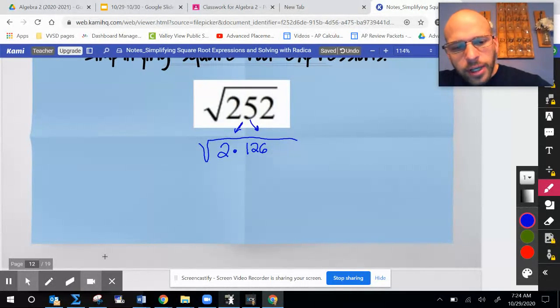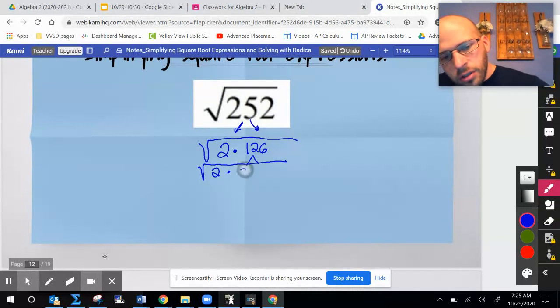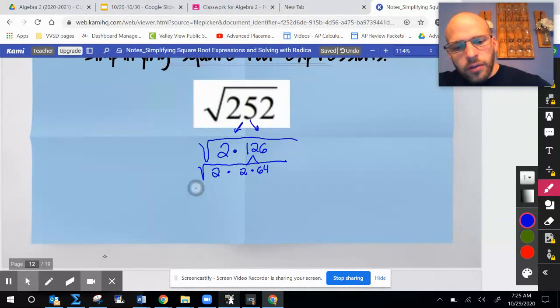Okay, if I break that down even further, I'm going to say that divides by 2. So 2 and 64. I keep going. 2 times 2 times, I can break 64 down into 8 times 8.